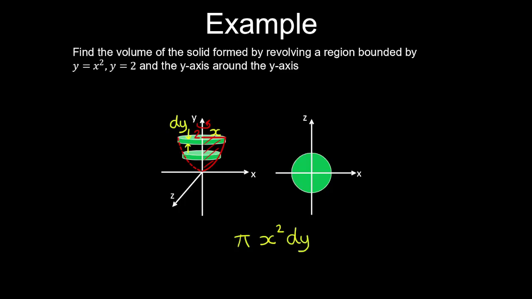And that gives the volume of the disk, and then we integrate from y equals 0 to y equals 2, and that gives the volume of the solid. So now you can substitute for x squared from this equation, and you'll be able to find the volume of that solid.